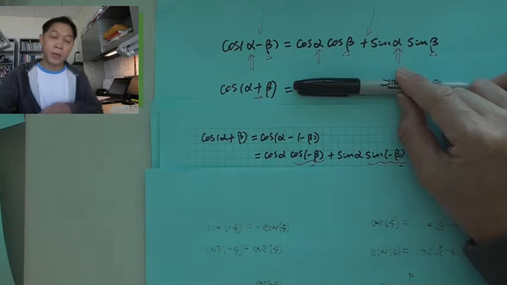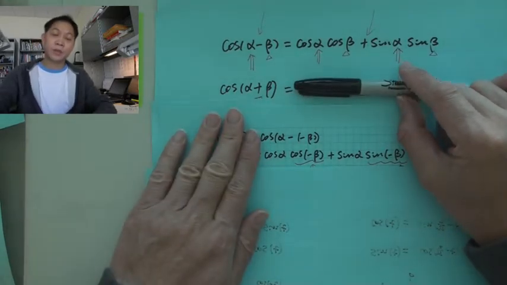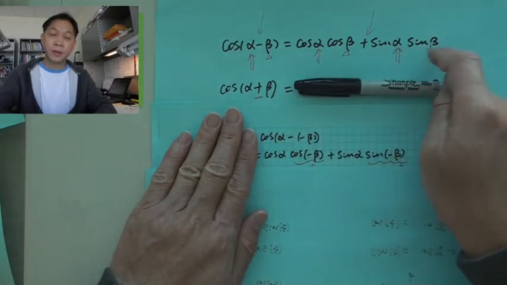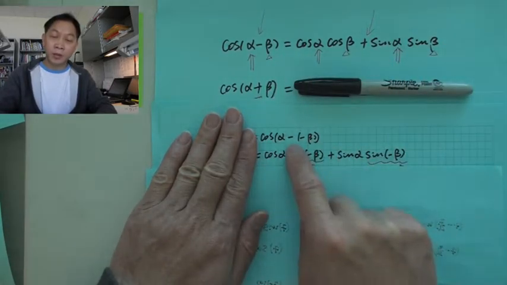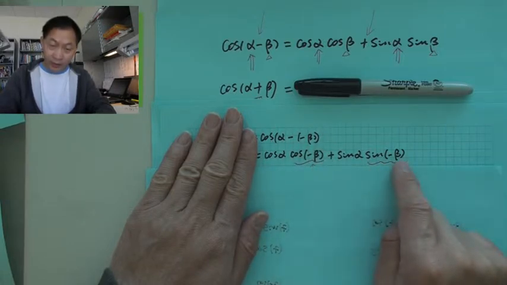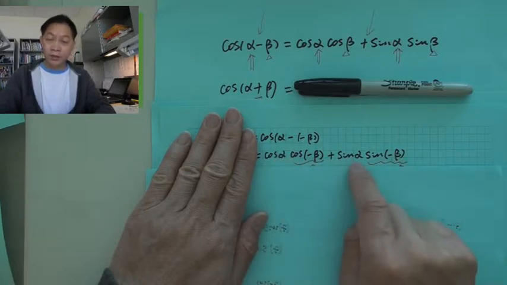Okay, from here to here we apply this formula. Minus, plus, and negative angle, negative beta. Second angle, first angle was alpha, and that's fine.